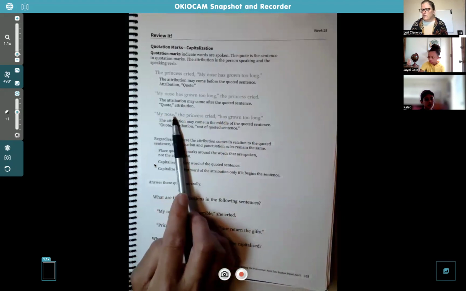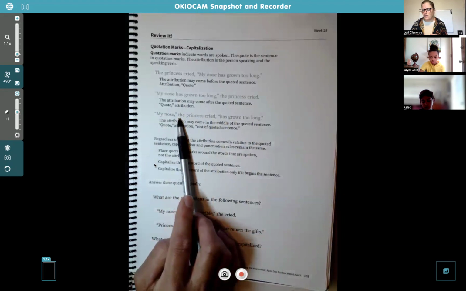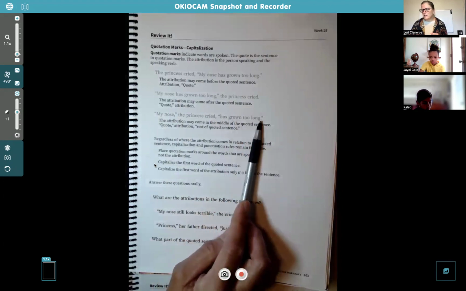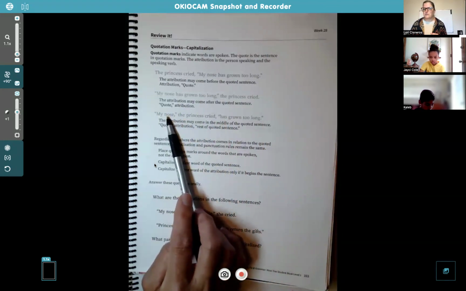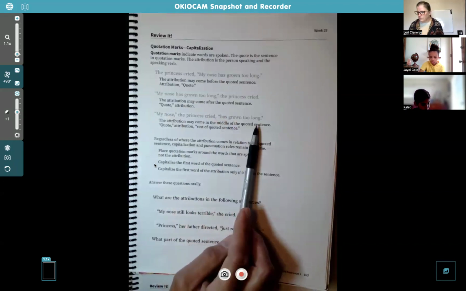But here we have the comma, and then the attribution is not capital here in the middle. "The princess cried." And then we have an extra comma here. And then the rest of the quote. Notice the H is not capitalized here because it's still part of this sentence back here. So you don't have to capitalize it here because it's second half.